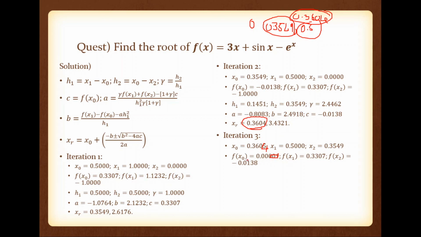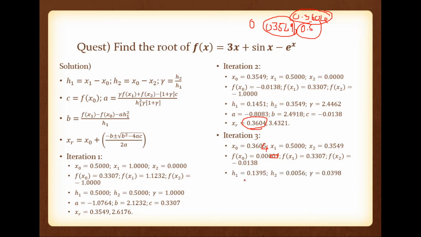So f of x0 is 0, f of x1 is 0.3307, f of x2 is minus 0.0138. Now what do we have to find? h1, h2, gamma. What is h1? x1 minus x0. And what about h2? x0 minus x2.